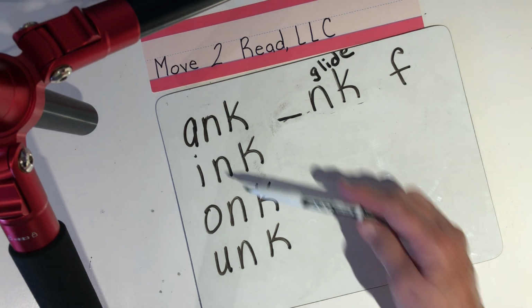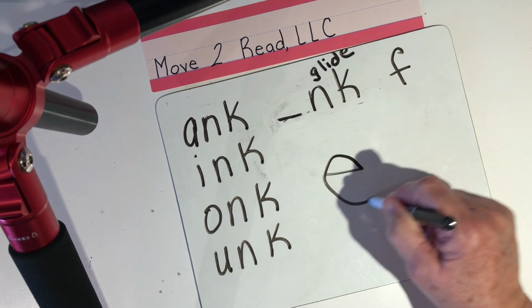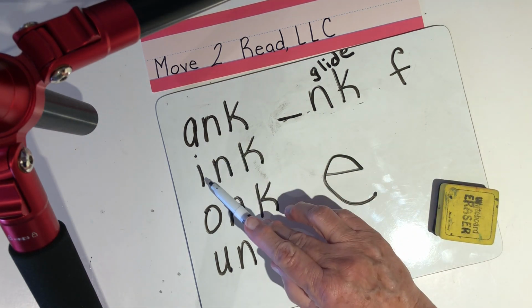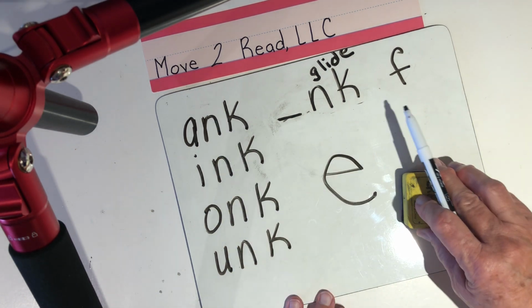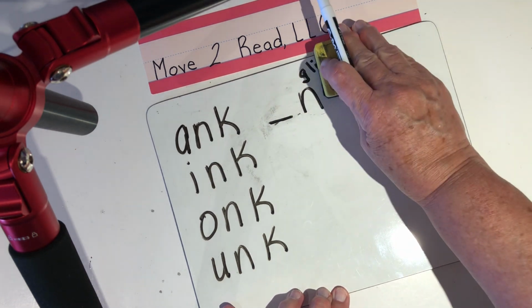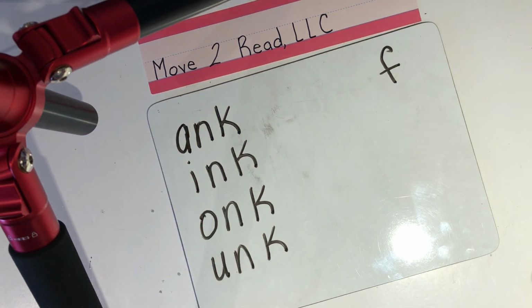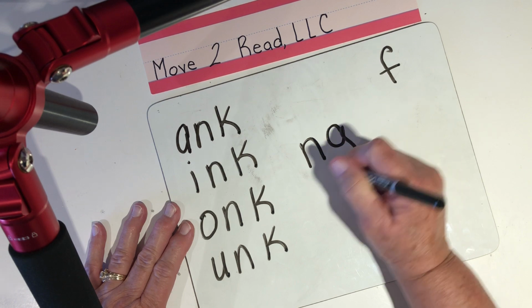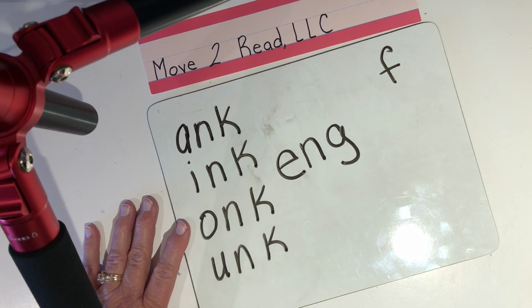If you notice, every single one of the common vowels is there except for the vowel E. He is not there. A, I, O, U, they're there. Just like with the NG family, E is not in the normal lineup. Now with the NG family, there are words that have the E there, like the word English.